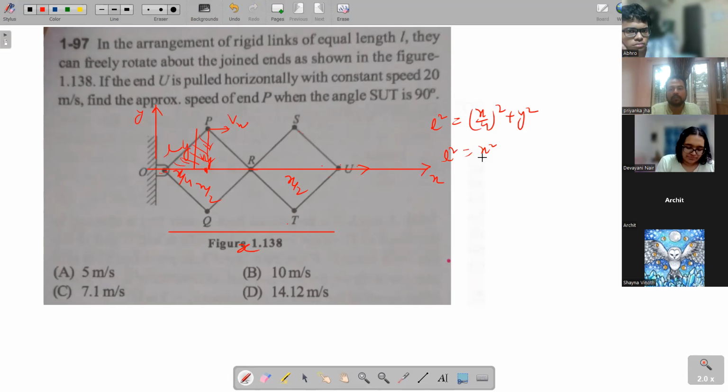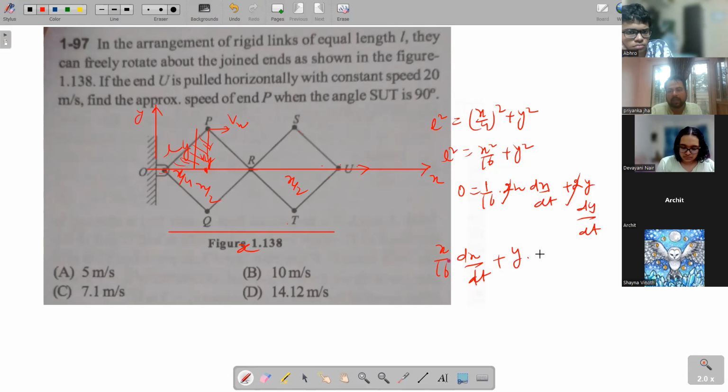L square equals x square by 16 plus y square. Now differentiate: 0 equals 1 by 16 into 2x into dx by dt plus 2y dy by dt, right? The 2 is gone. So you have x by 16 into dx by dt plus y into dy by dt equal to 0.